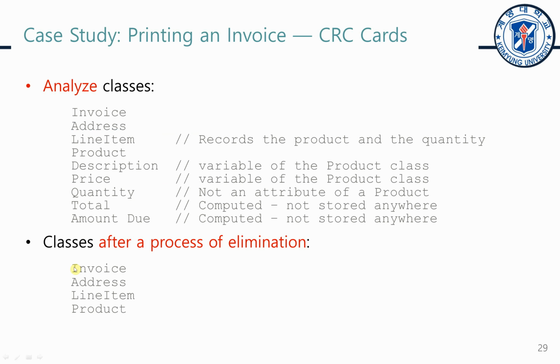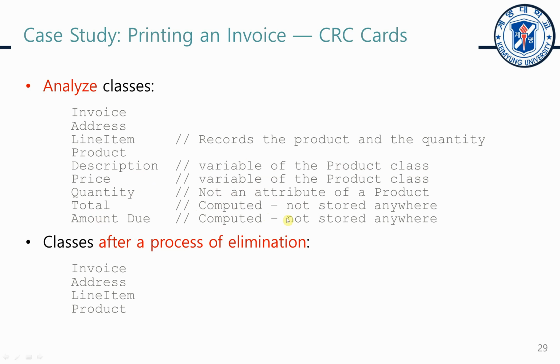However, not everything can be a class, so we have to analyze all the candidates. Line item just records the products and the quantity, so it cannot be a class by itself. It is just part of the invoice. The description and the price are variables of the product class. Quantity is not an attribute of a product, and the total and amount due are computed.